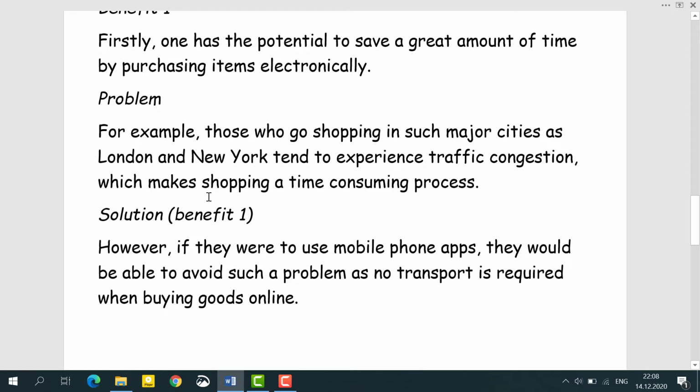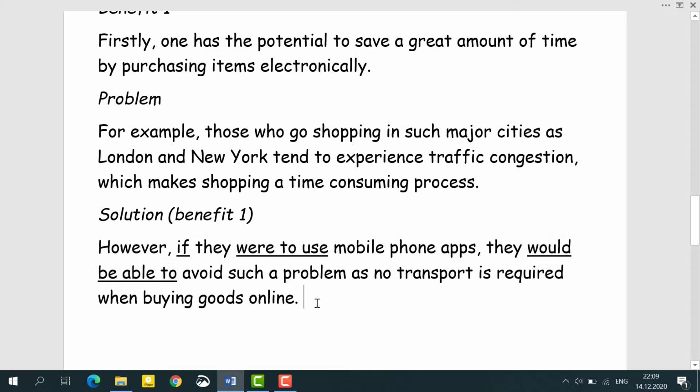Now, however means but. Remember, you don't want to use the word but at the beginning of a sentence, okay? You must use only however. If they were to use, so here I'm using the second conditional. So the idea is they are not using it now, but if they were to use, they would do something, okay? We're talking about a hypothetical situation.